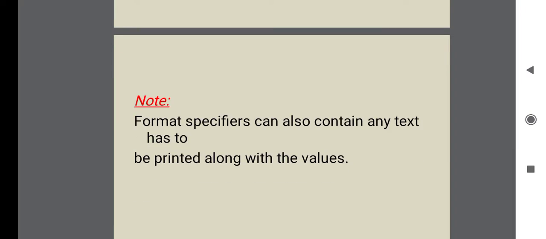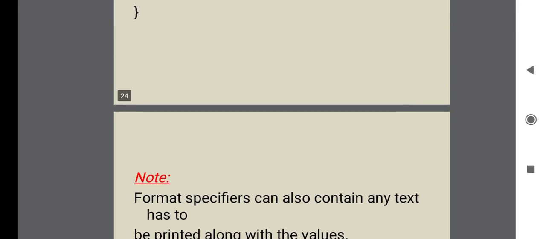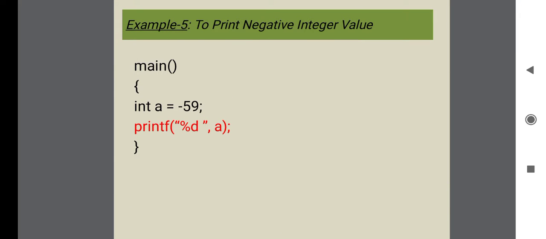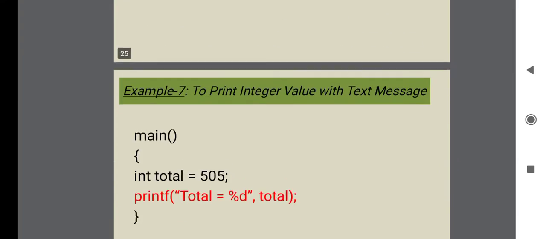Format strings can also contain any text that has to be printed along with the values. So far we have seen only the value printed on the monitor. We can also print a value along with text by using printf. Take one example.